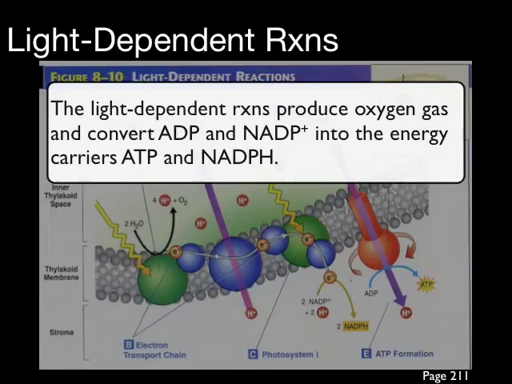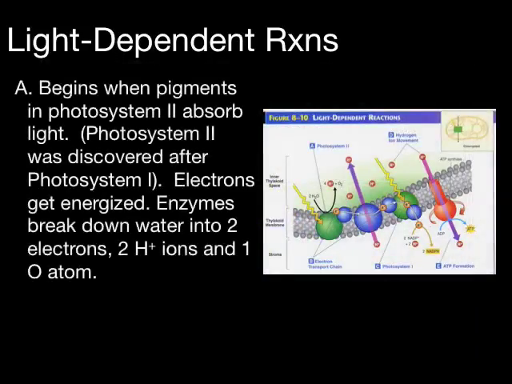The light-dependent reactions aspect of photosynthesis is responsible for producing oxygen gas and converting ADP into ATP and NADP into NADPH. ATP is the unit of energy that plants need, and NADPH is the high-energy electron carrier that cells use to transport high-energy electrons.